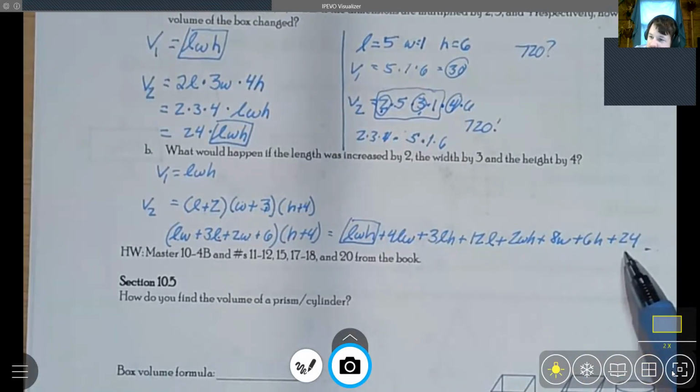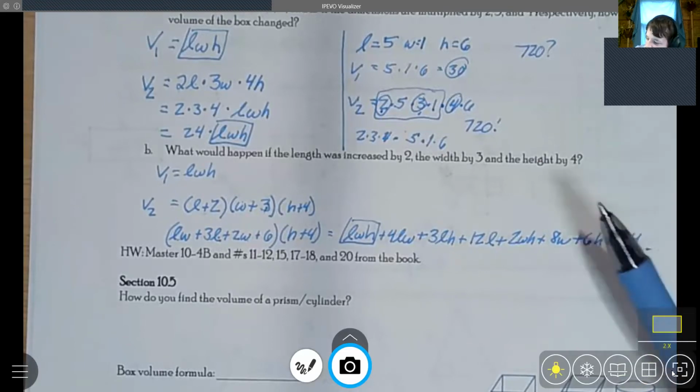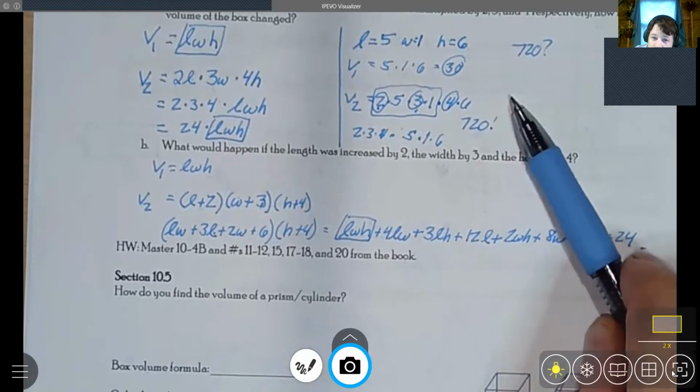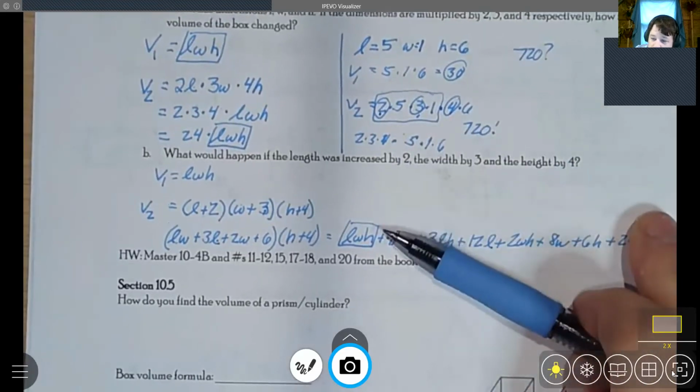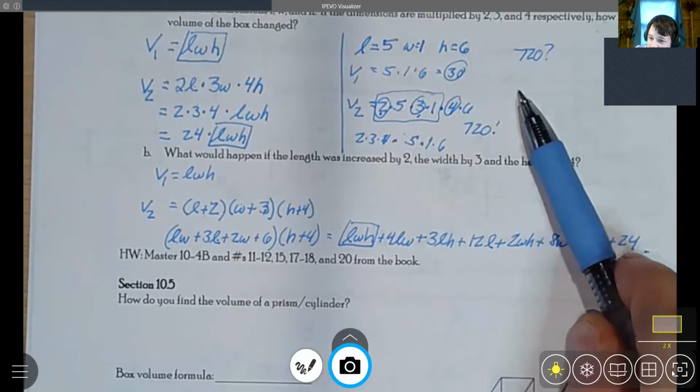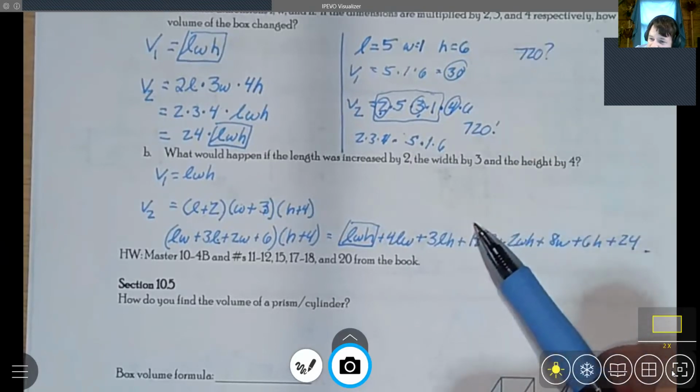And of course, that depends on what L, W, and H are. So hopefully that makes a little bit of sense. Obviously, it's much easier to manipulate how the volume changes when you have multiplication versus addition.